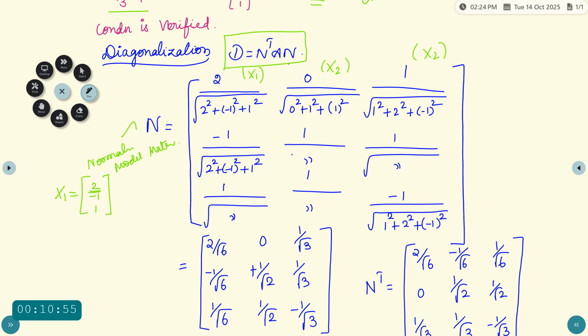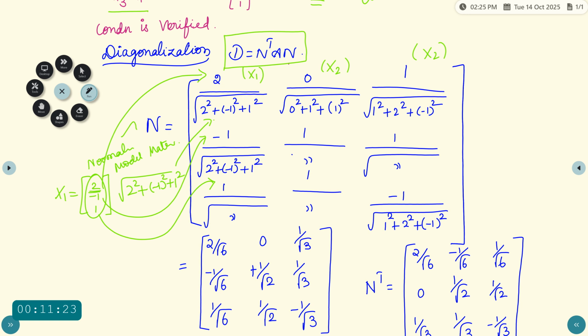This is 2 divided by the square root of 2 square plus minus 1 square plus 1 square. This is under the denominator. Next, minus 1 in the numerator and the same in the denominator. Next, 1 in the numerator and the same denominator. In one column, all the denominators are the same.